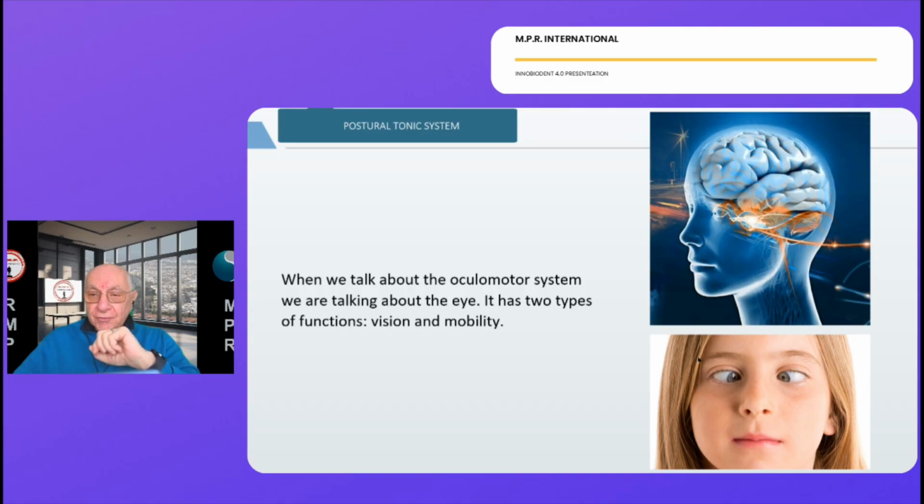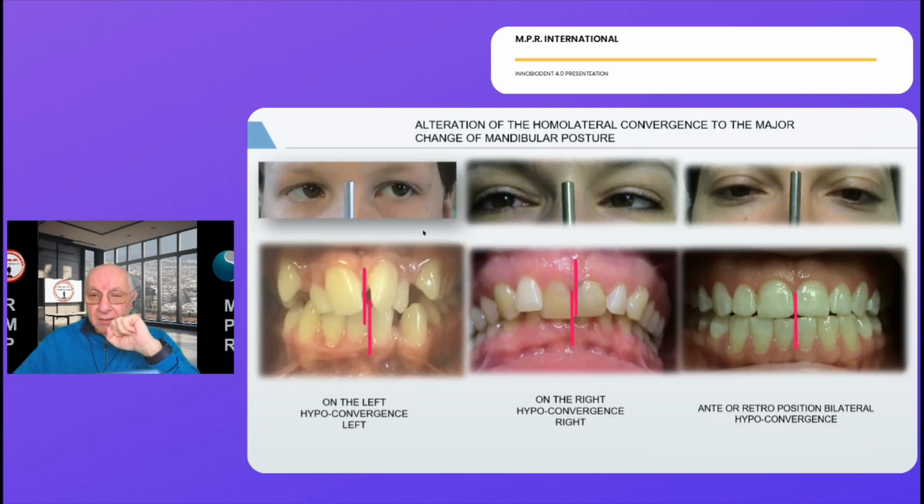Craniofacial dysfunctions directly alter one of the key postural receptors, the oculomotor system. Here we can see a general outline of this alteration. Changes in the mandibular posture directly affect the oculomotor function, which is why establishing a proper centric relation is so important.